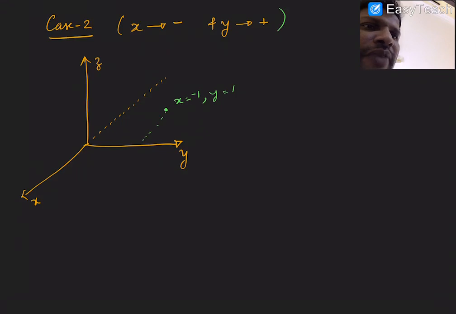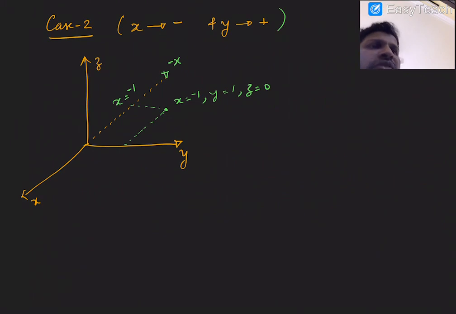This is the value of y and this is the value of x. So x is equal to minus 1 because this is in the minus x direction, and y is equal to 1, and let us consider z equal to 0. That means it is in the xy plane. z can be any value, there is no issue. So this is the line that we can draw from the origin to that particular point.